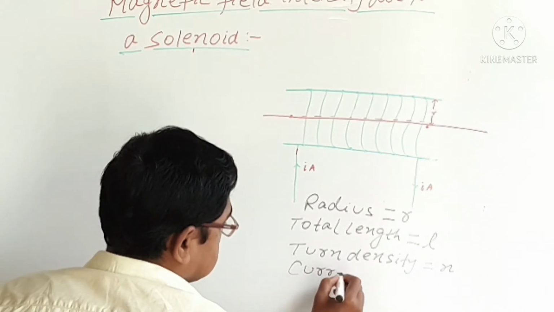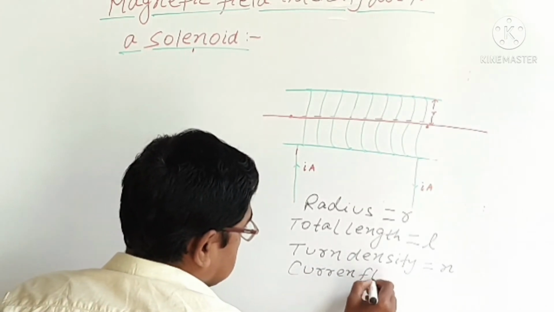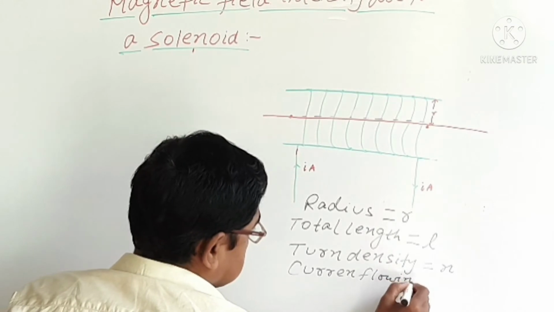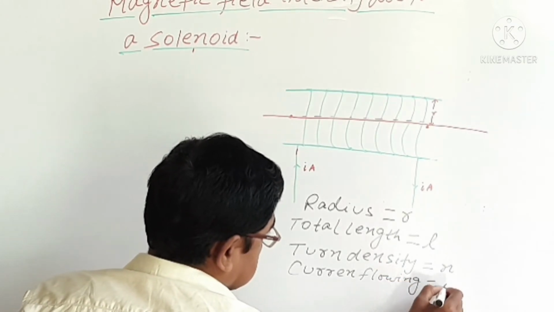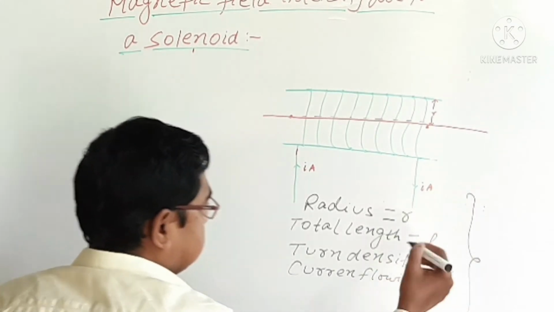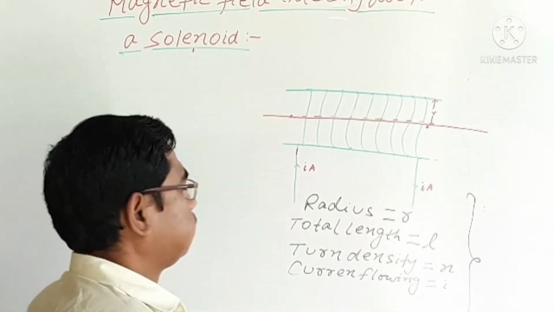The current flowing is equal to I. These are the parameters which you know.